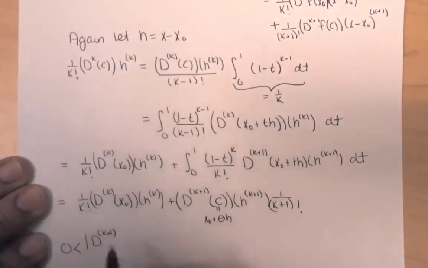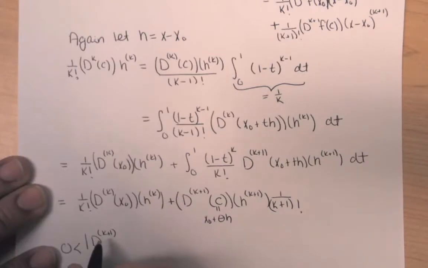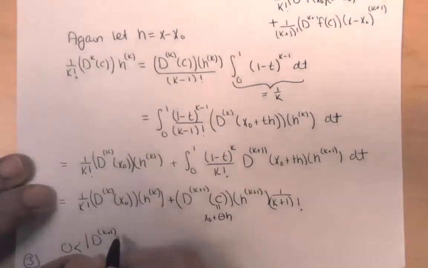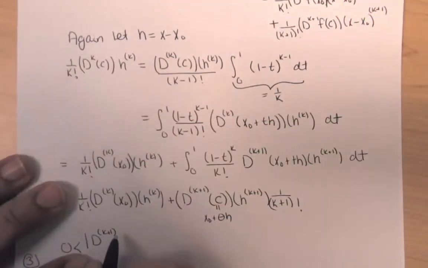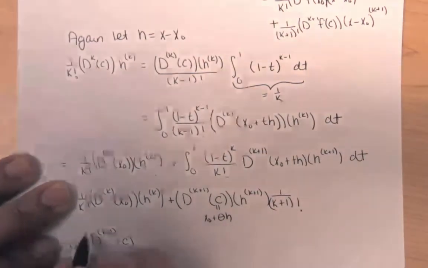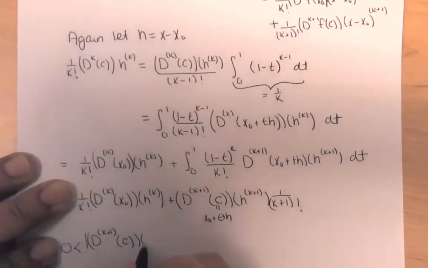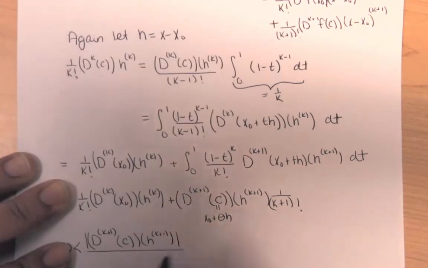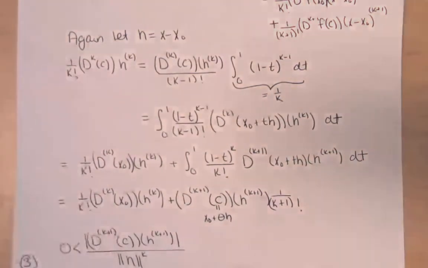Right, this is a k plus 1 linear operator, right? Like bilinear, trilinear, it's k plus 1 linear. Right, times the k plus 1 tuple, divided by the norm of h to the k, right, or k plus 1 minus 1.